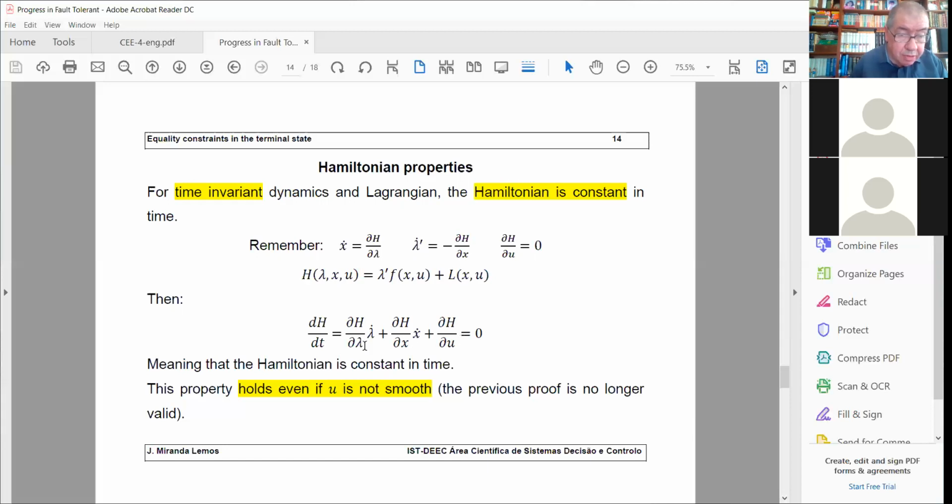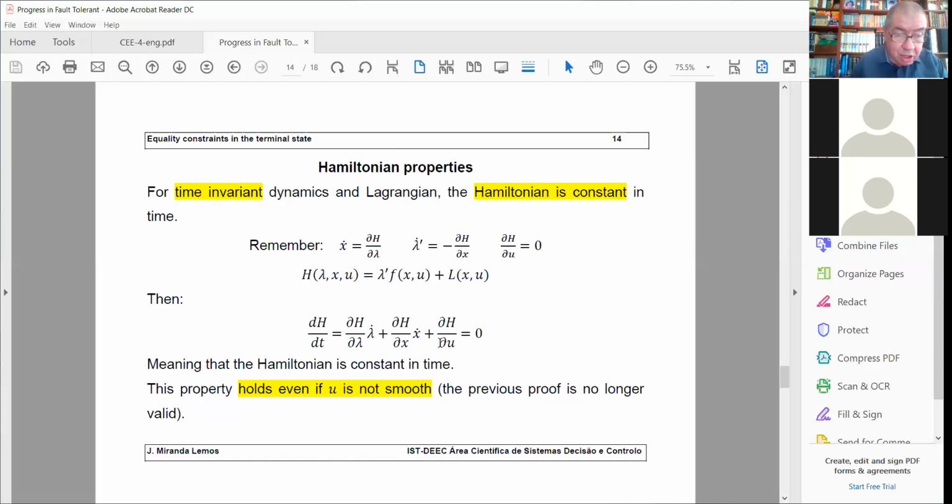Now, what happens is that this term dH/dlambda is x dot, and dH/dx is minus lambda dot transpose. So these two terms cancel out, because you have x dot transpose times lambda transpose and lambda dot transpose times x dot.